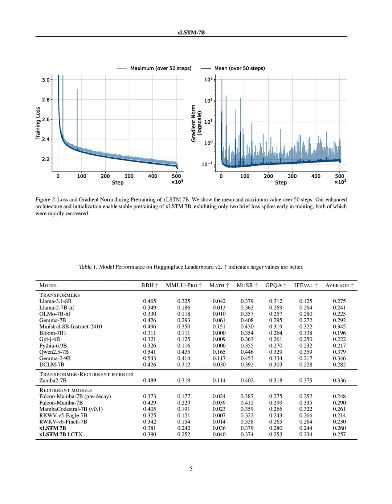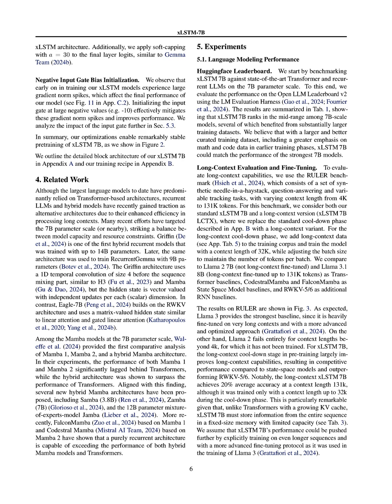For long context capabilities, the RULER benchmark was employed, which includes synthetic tasks with varying context lengths from 4K to 131K tokens. The performance metrics included validation perplexity, accuracy on downstream tasks, and generation throughput, with comparisons made against models like Llama 2, Llama 3, Mamba, and Falcon Mamba.